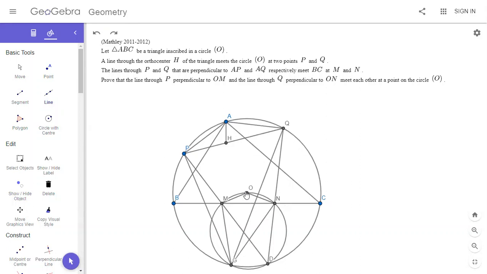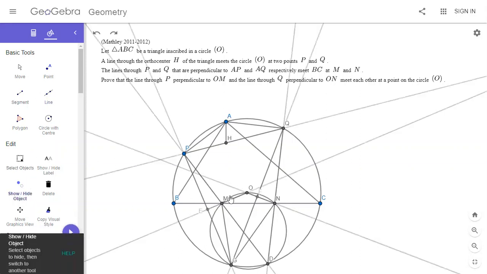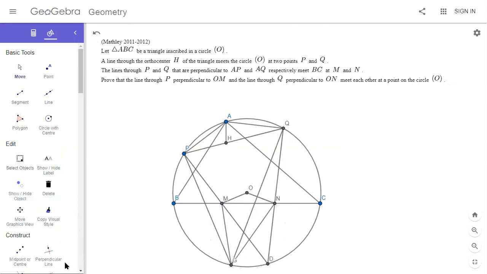So yeah, O would correspond to A in that spiral similarity. So if we could show GOA is similar to GMP, but we don't know O lies on the circle yet. So if I get rid of the circle, can we show GOA?